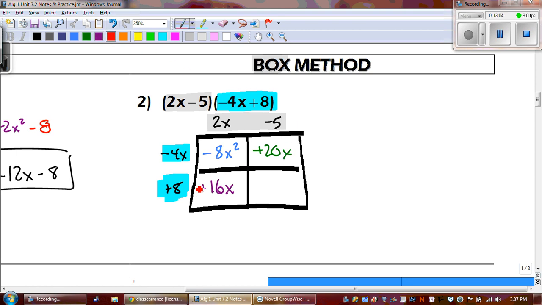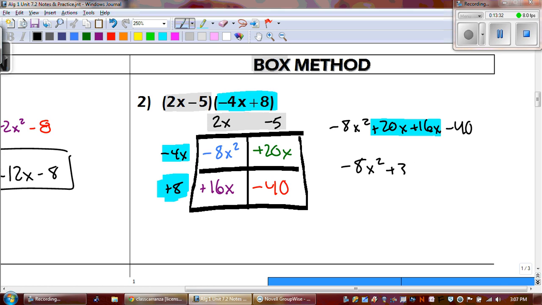And then the last one, the 8 times negative 5 gives us negative 40. From here, I'm going to rewrite everything. And now we can combine like terms. All right? So we have negative 8x squared plus 36x minus 40.